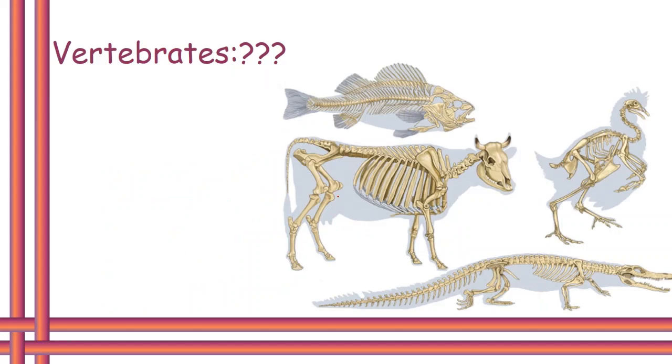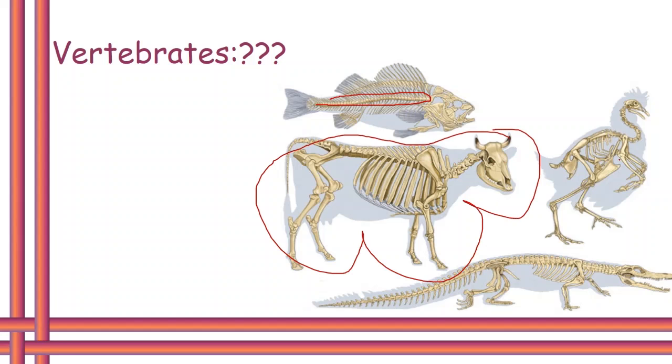So, what are the vertebrates? As you notice in this slide here, all these animals have different shapes, like fish, chicken, cow, and crocodile. These 4 animals have different shapes, but all of them have a vertebral column and a skeleton, right?